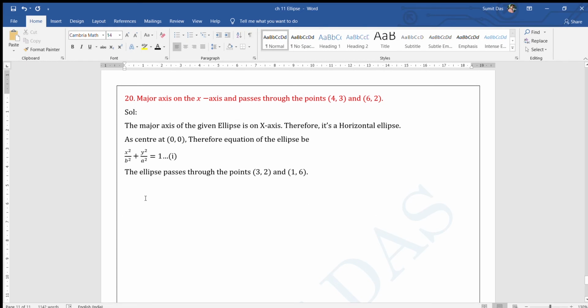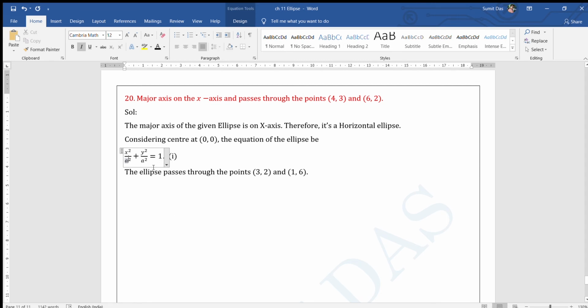If this is a horizontal ellipse, we have to consider the center at 0, the equation of the ellipse being like this. We have to consider the center of the ellipse at 0, otherwise the equation will not be x square by a square like this.